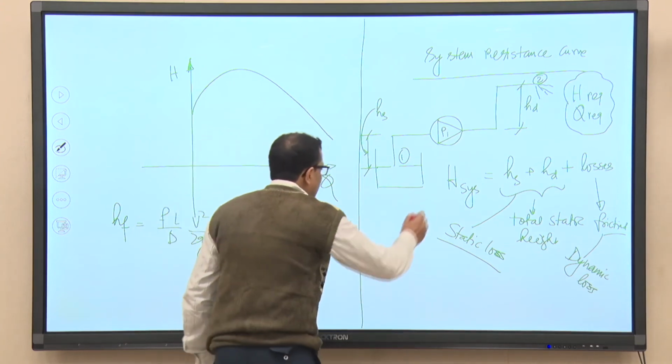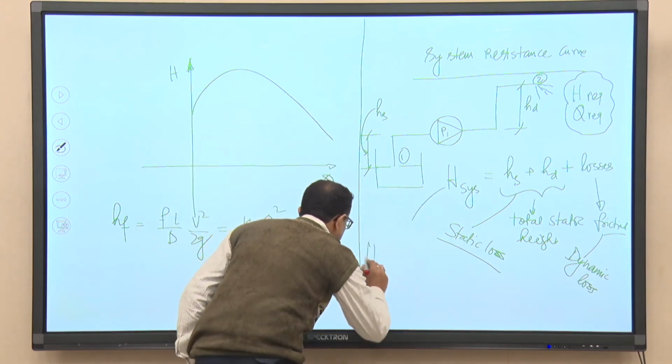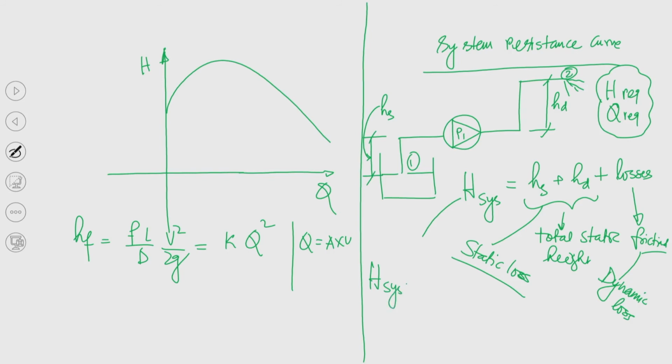So, if I now try to write this, H system equal to H static plus H dynamic.